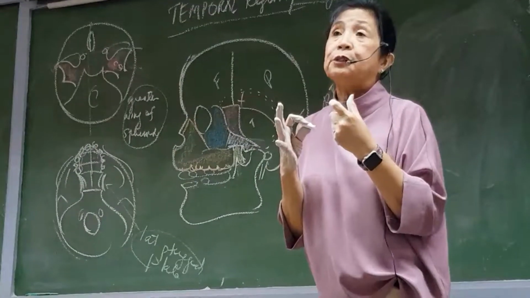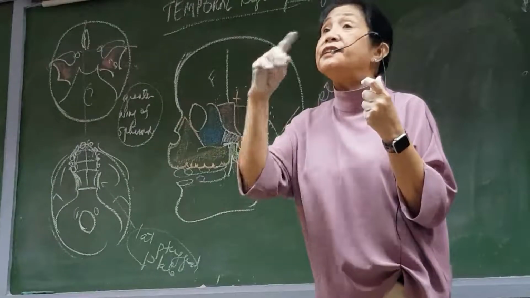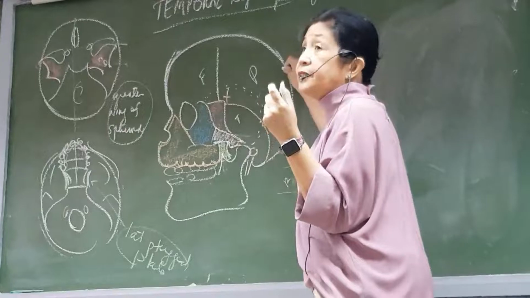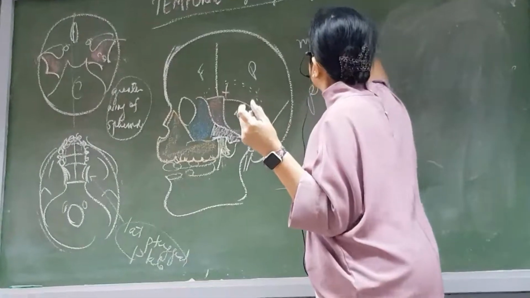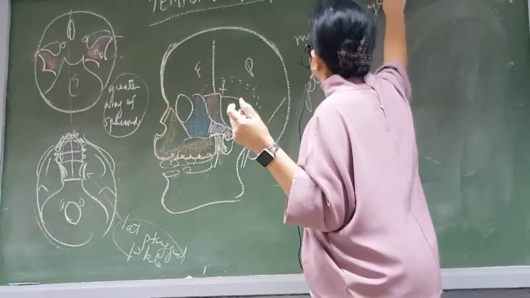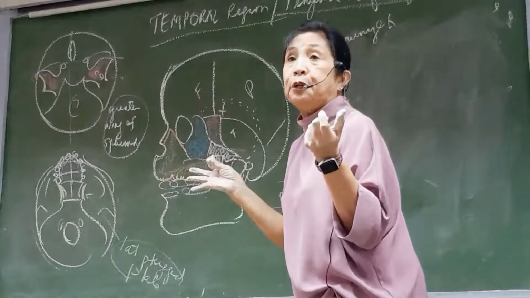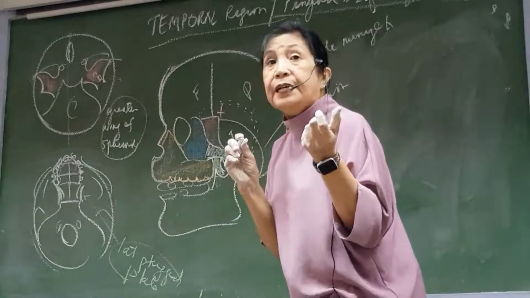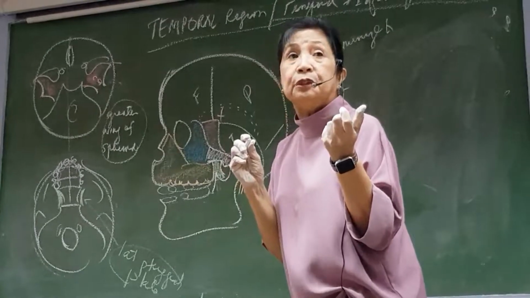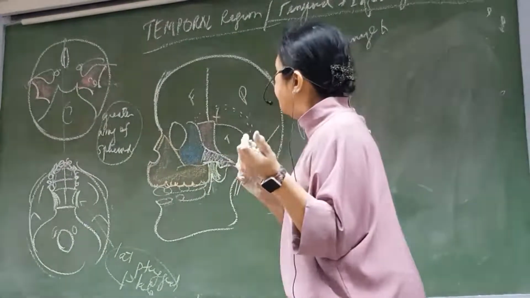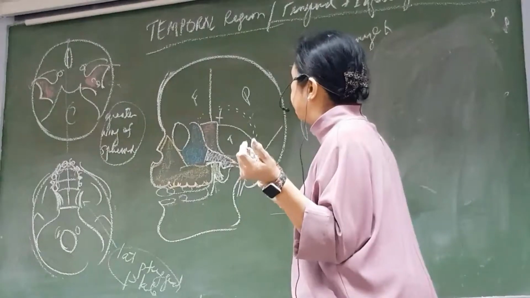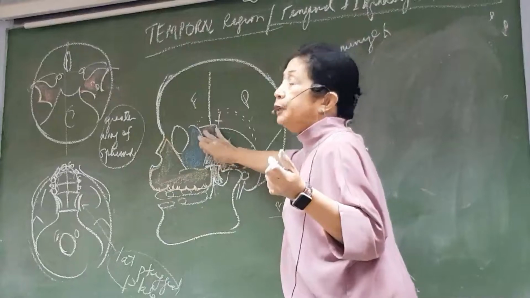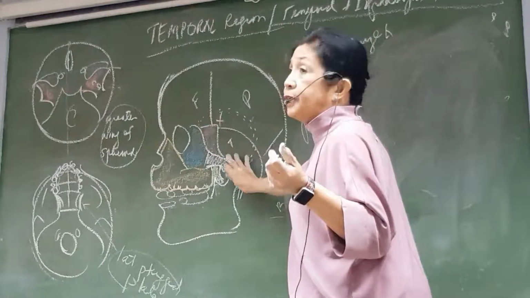And when it fractures, there is an artery inside, lying on the dura, passing through the foramen spinosum. What is that? Middle meningeal. And the middle meningeal artery can rupture. And you'll have bleeding outside the dura. And you call that one? Epidural or extradural hemorrhage. Okay?